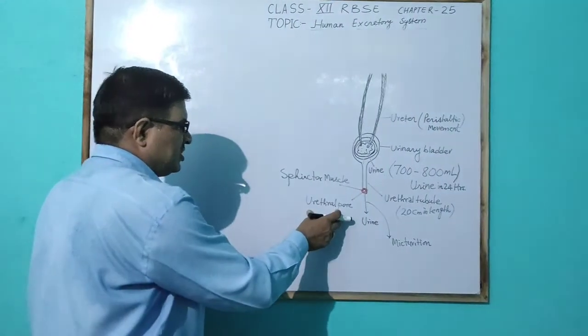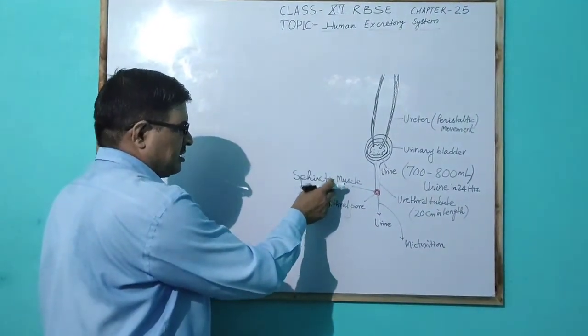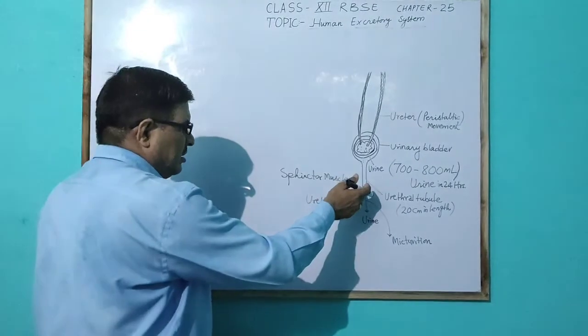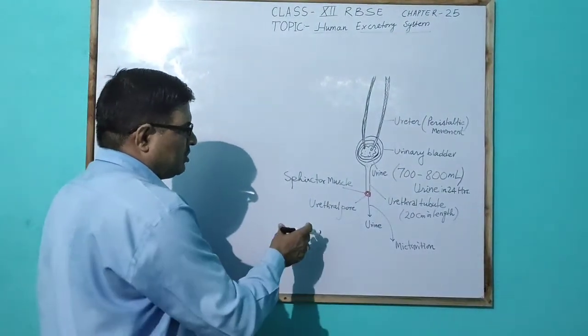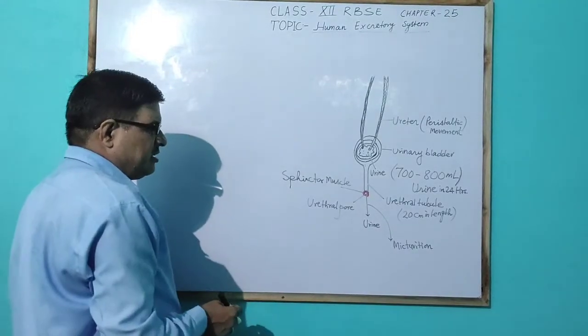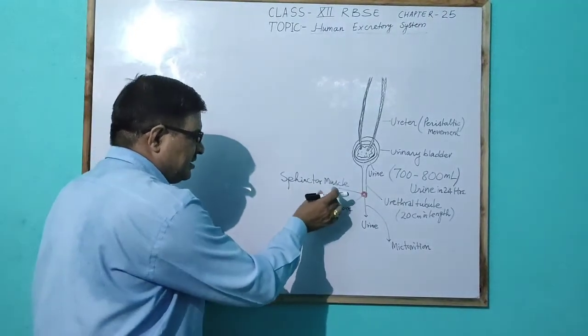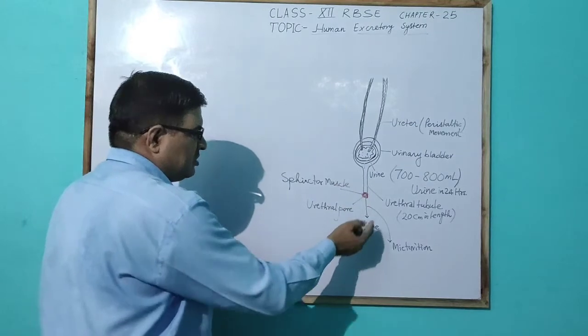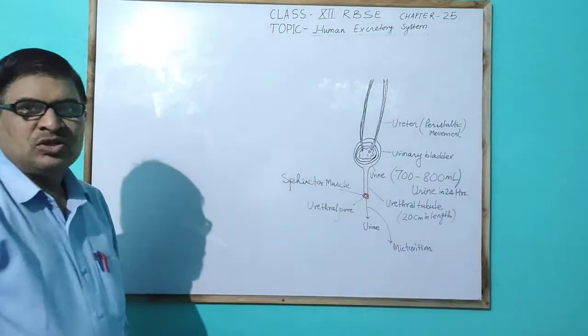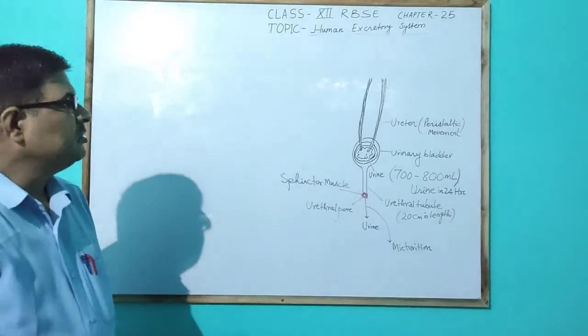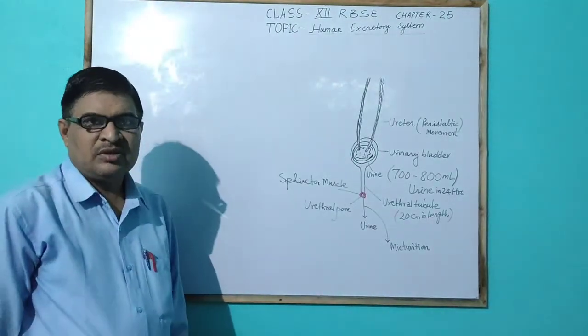This urethral pore is surrounded by the sphincter muscle. When urine comes out under neuroendocrine control, the sphincter muscle relaxes and urine comes out. This process is called the micturition phenomenon. So this is the discussion about the human excretory system.